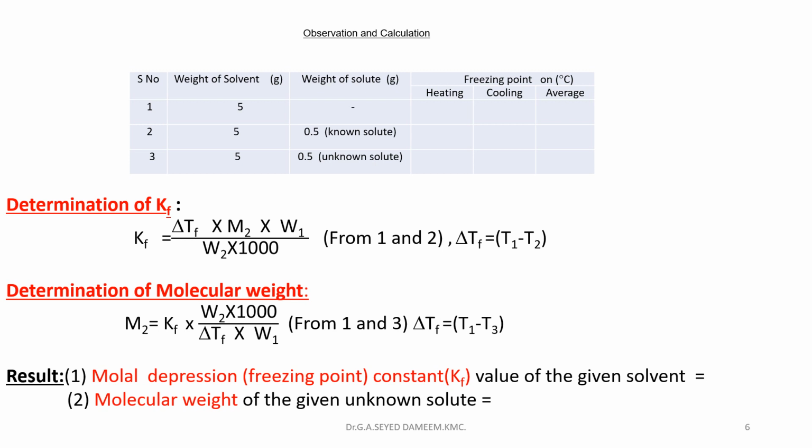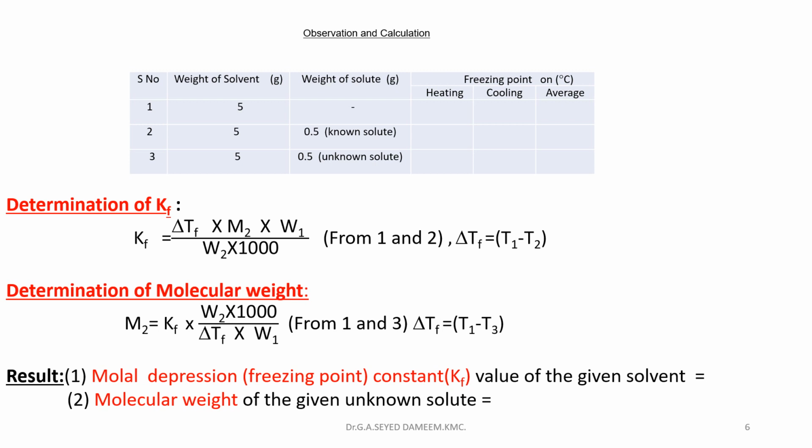The freezing points of all these substances are recorded in the tabular column, and here T1 is the freezing point of pure solvent, T2 is the freezing point of solvent plus known solute, and T3 is the freezing point of solvent plus unknown solute.